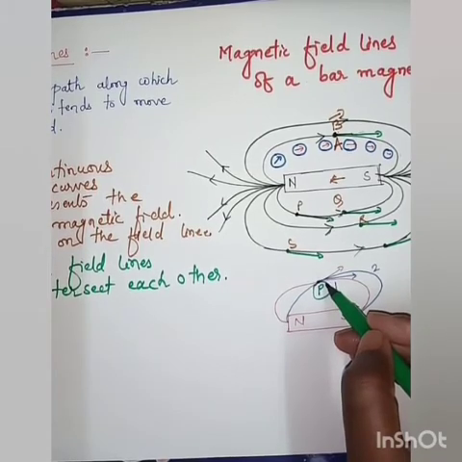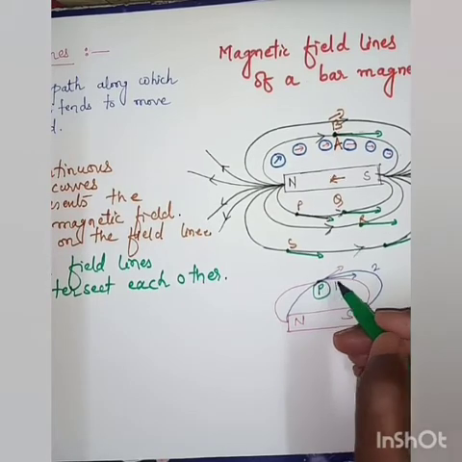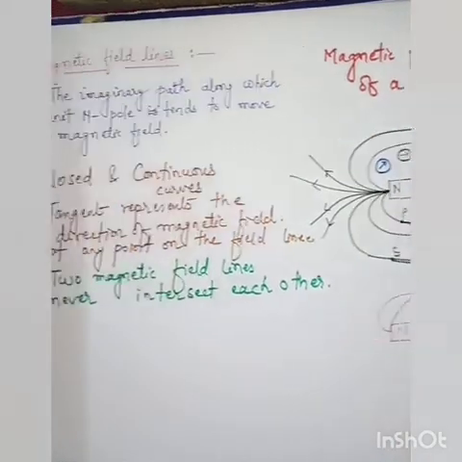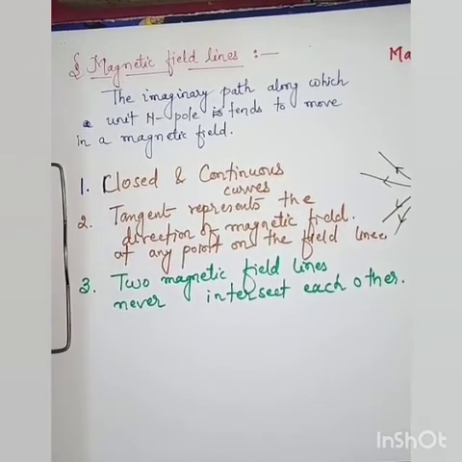Therefore, the two magnetic field lines never intersect each other. This is the third property of the magnetic field lines.